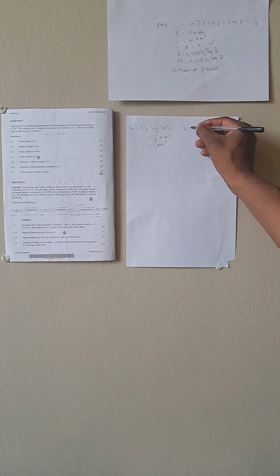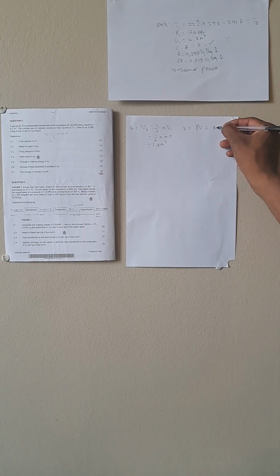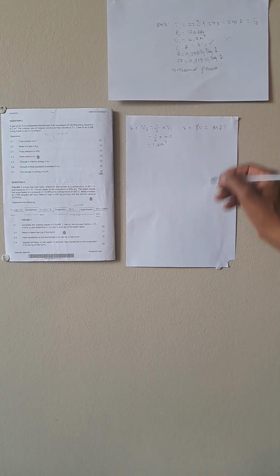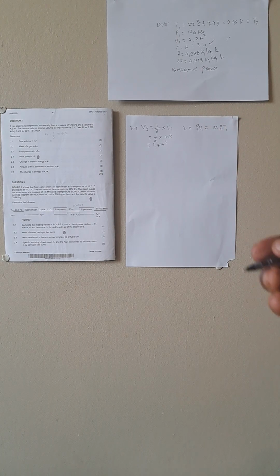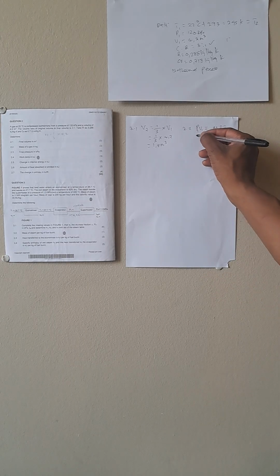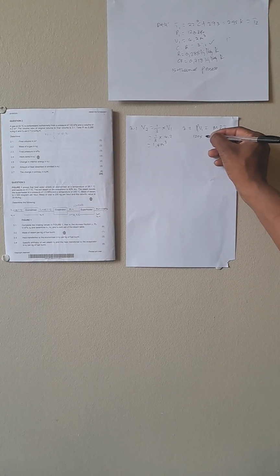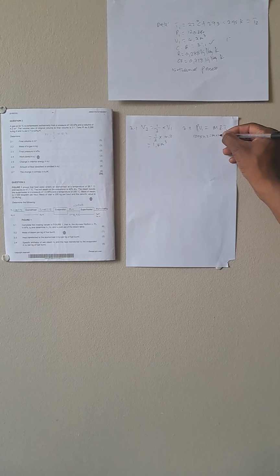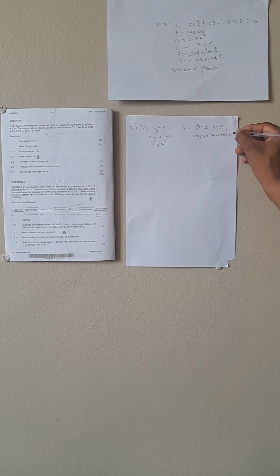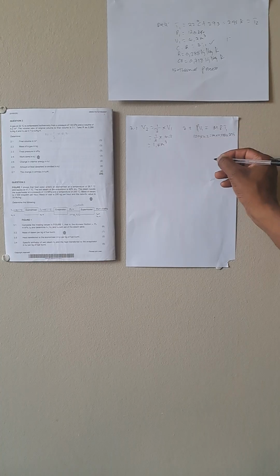We can use our formula PV equals MRT. So it becomes P1 V1 equals MRT1. Our P1 is given as 120, our V1 as 4.2, our mass is what we are looking for, our gas constant is 0.288, and T1 is 295.